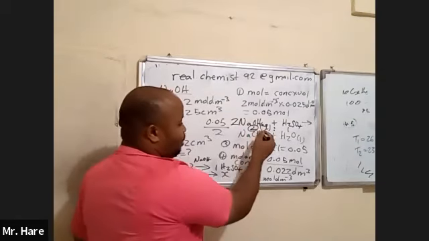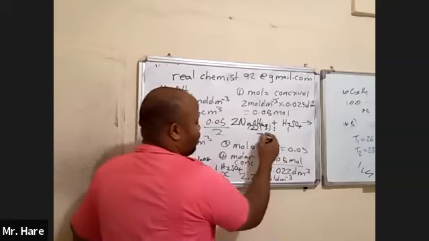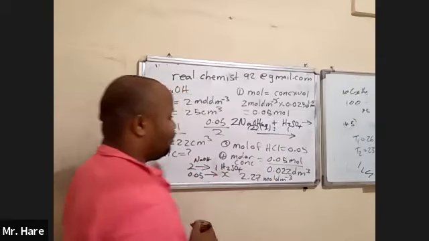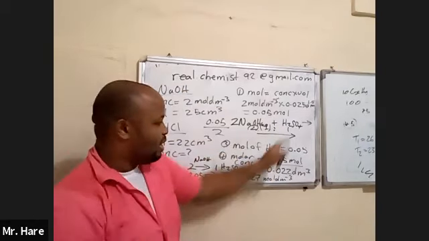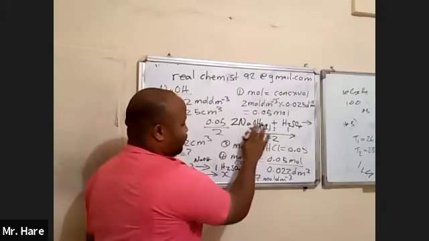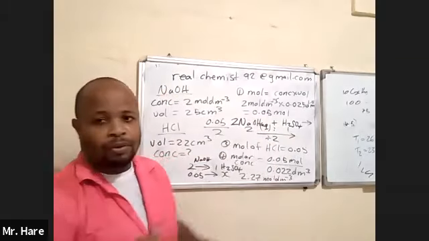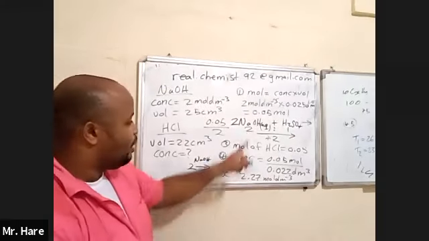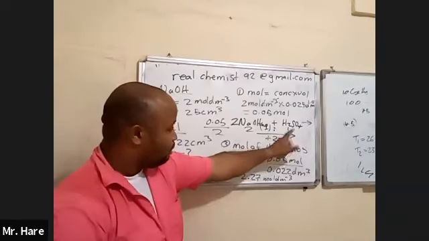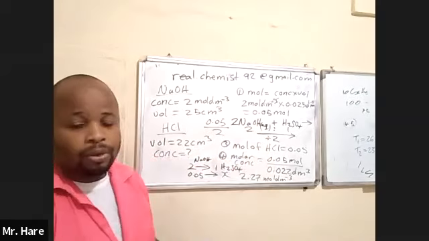So you have the mole of sodium hydroxide and you want the mole of sulfuric acid. So to go from 2 to 1, right? It means you would have to divide by 2. 2 divided by 2 would give you 1. So going from sodium hydroxide to sulfuric acid, you would divide by 2.